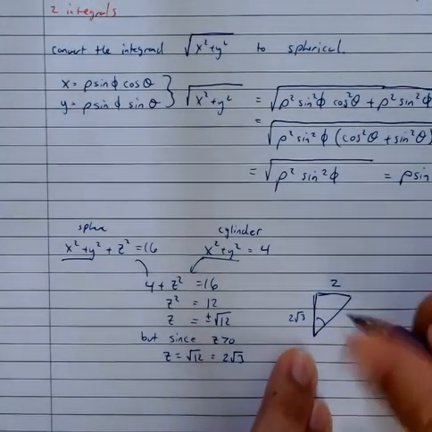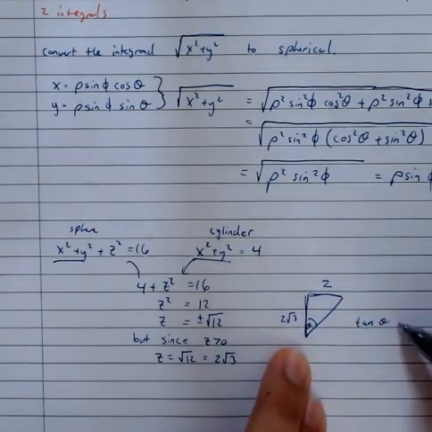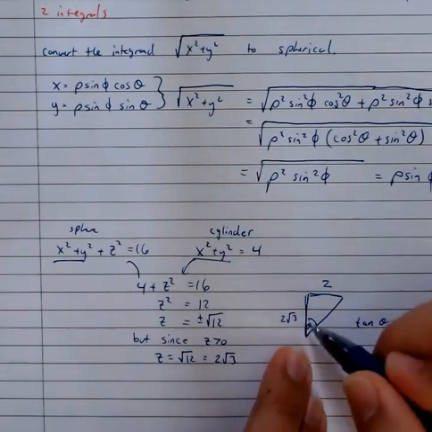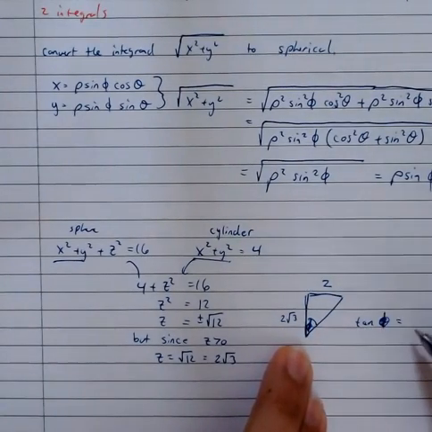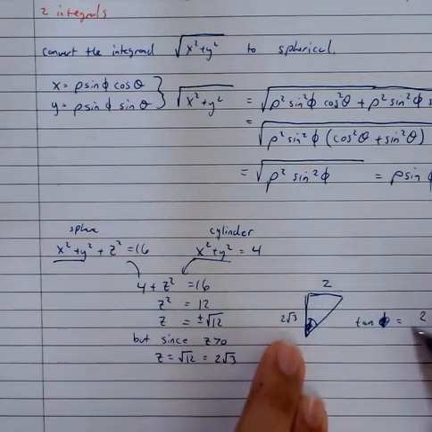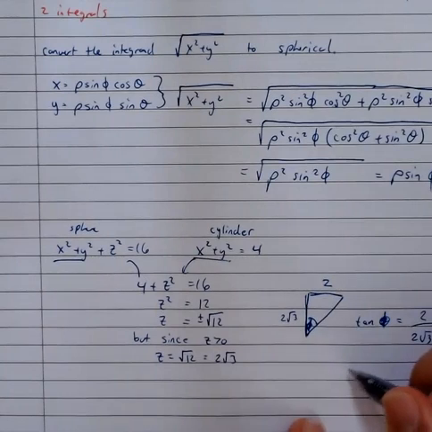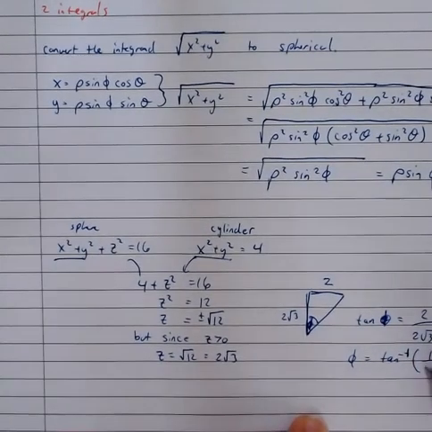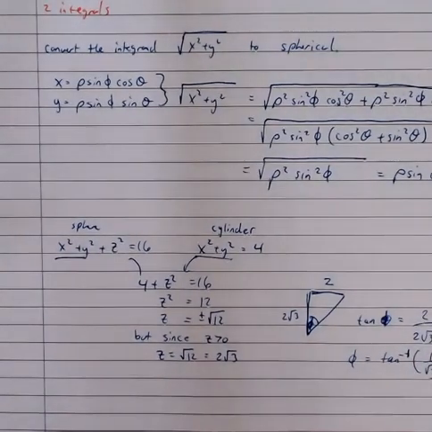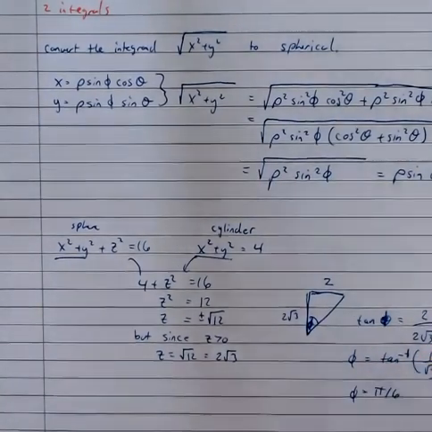Well, that's the opposite, that's the adjacent. The tangent of the angle, I guess I should say the angle phi, is equal to the side opposite over the side adjacent. Oh, okay, so here that means that phi is equal to the inverse tangent of 1 over root 3, which is just pi over 6. So here phi is equal to pi over 6.